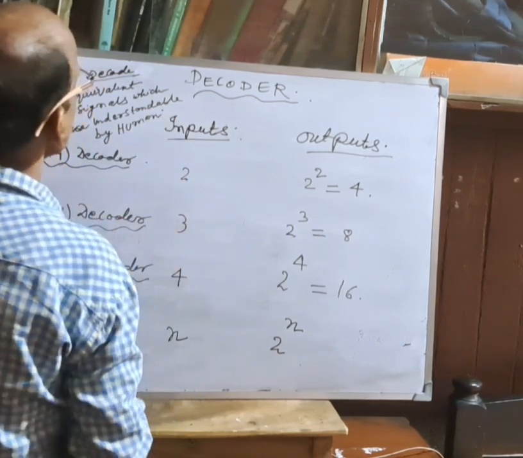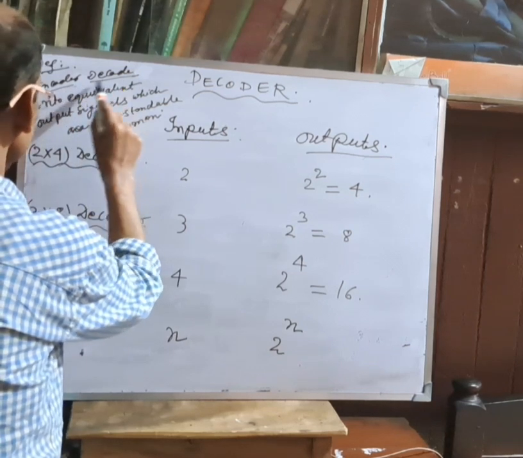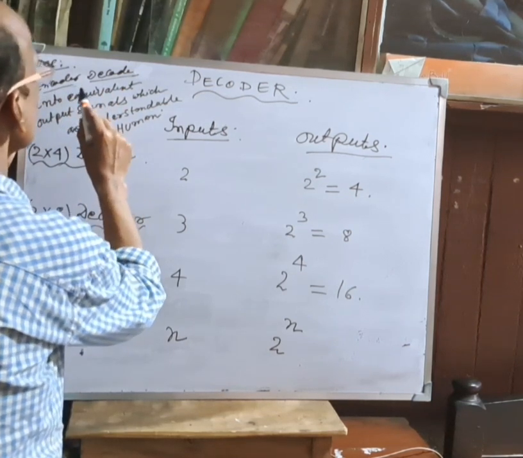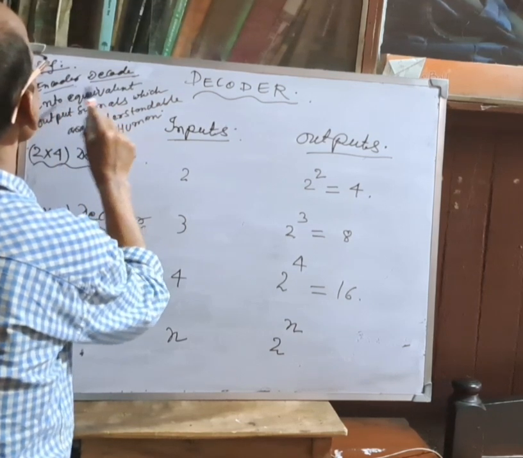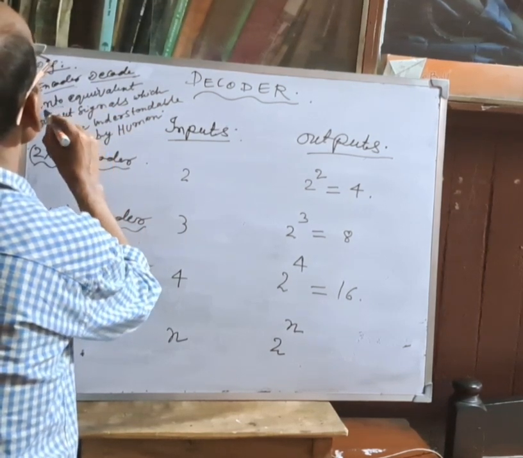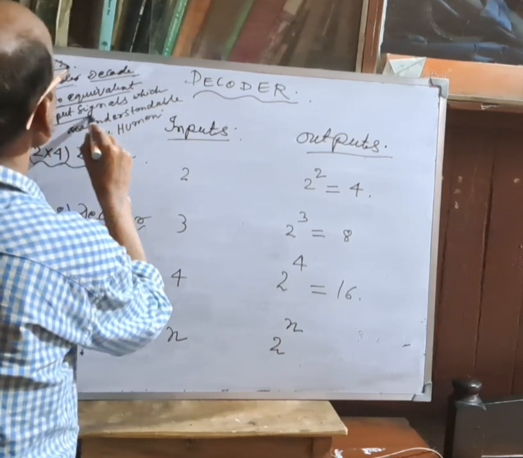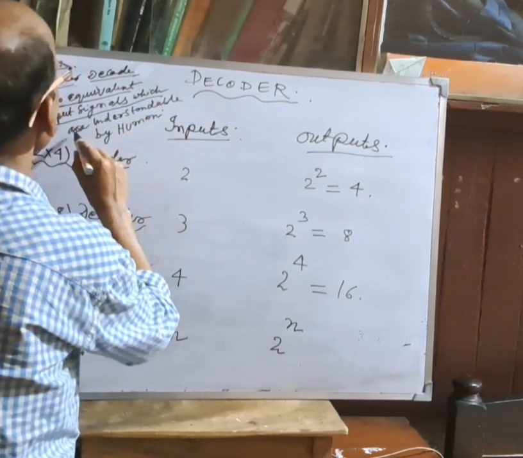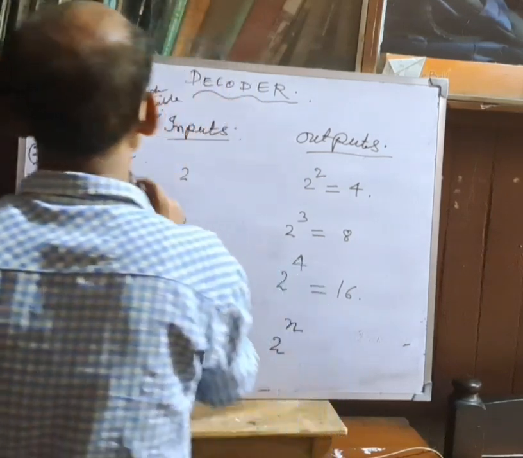Okay, you can add this: encoder decode into equivalent output signals which are understandable.